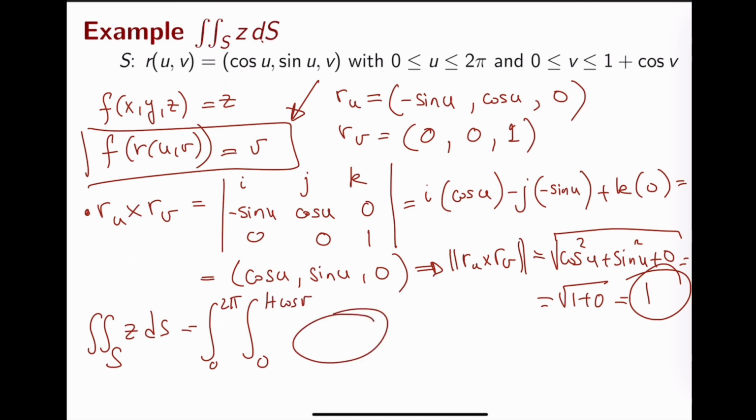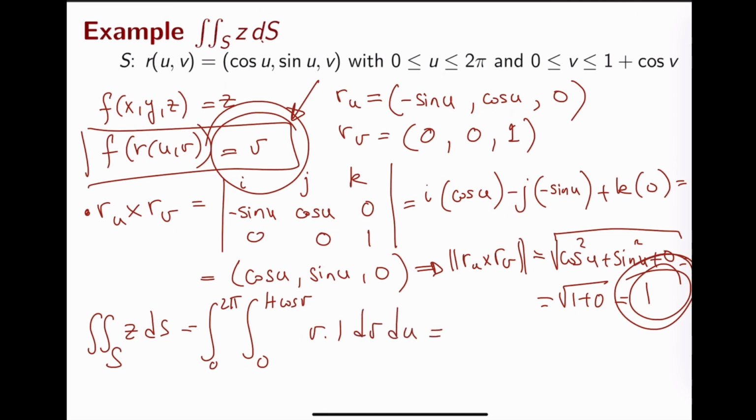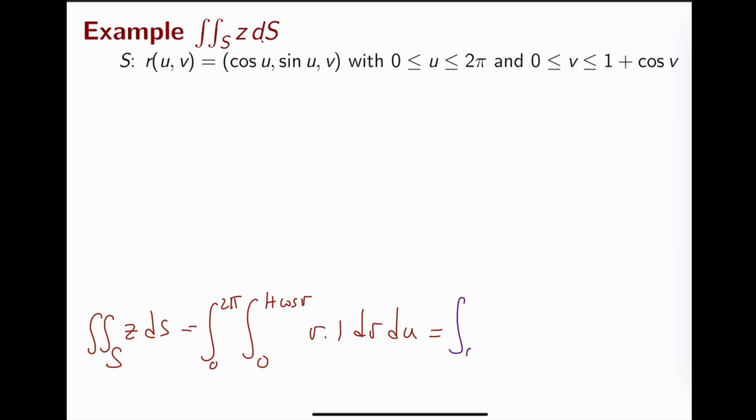And in here we are going to multiply the two things that we obtained, v times 1. So here is going to be dv du. We leave the outer integral, from 0 to 2 pi du, for the end, and we are going to calculate first this inner integral.